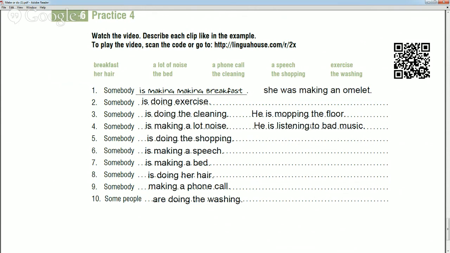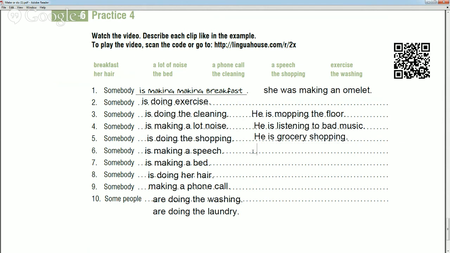So we are also doing. You can also say are doing the laundry. Okay. So we have doing the shopping. What is another way? If you don't want to use make or do, what would the sentence be for that? He is shopping. Oh yeah, he is grocery shopping maybe. Grocery shopping. So, okay, making a speech.